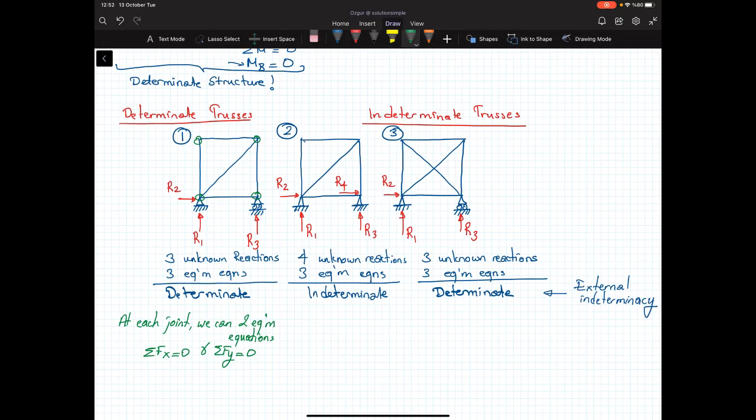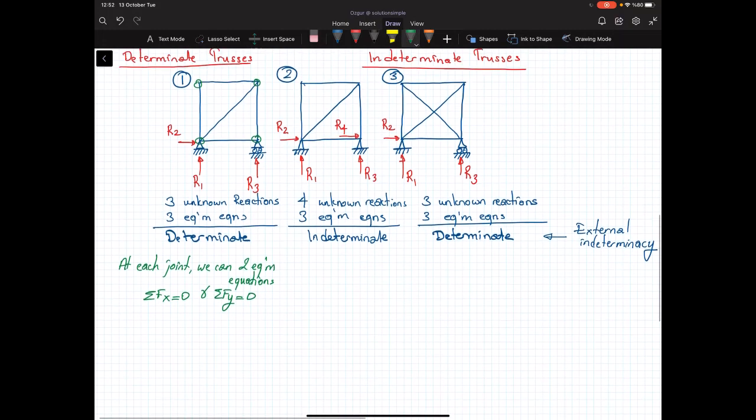By using these equilibrium equations, can I determine the unknown member forces? Let's take a look at it.